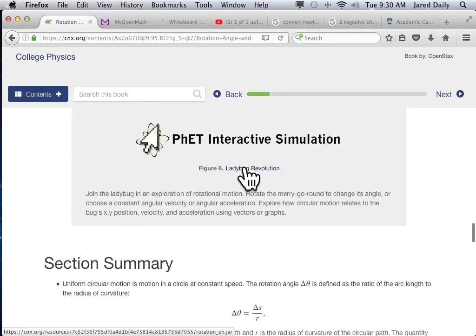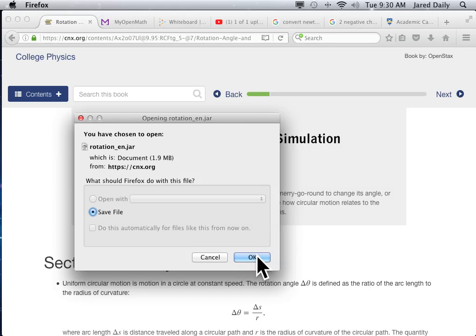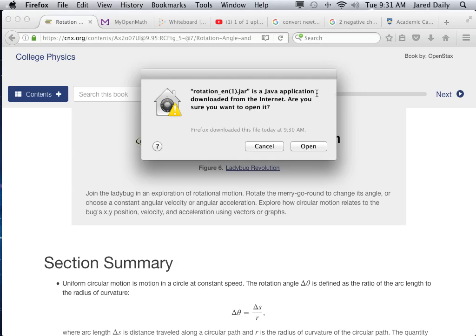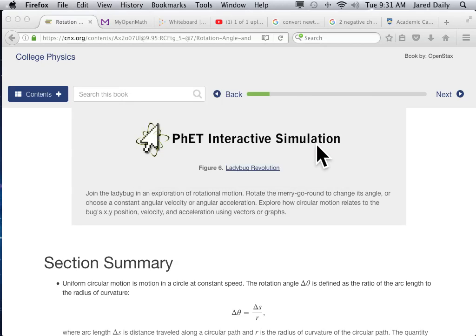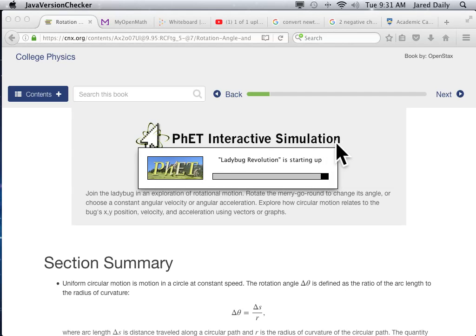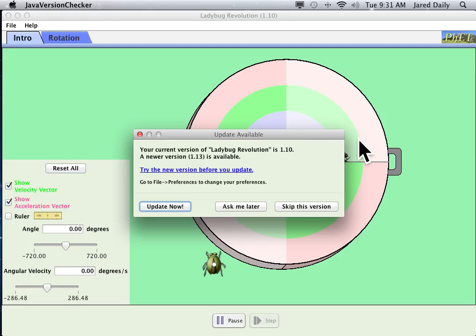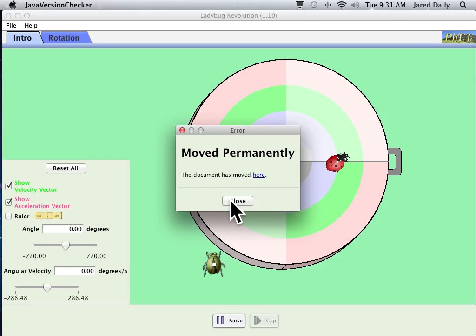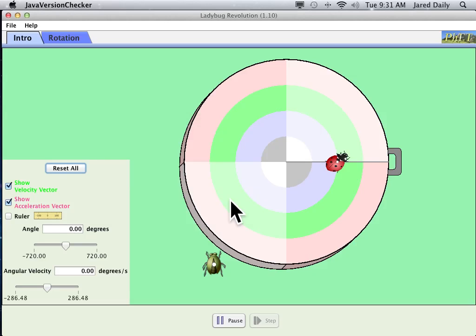Okay, let's look at the ladybug revolution. That looks like fun. Okay, so we're going to show the velocity vector.